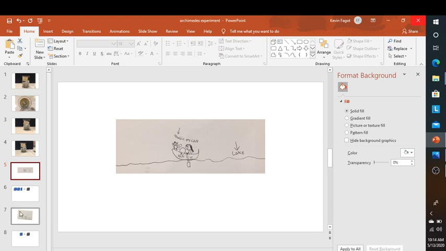Okay. And so if you guys are floating, one of the things that's going to be the same in our experiment would be the weight of the boat, the weight of JoJo, and the weight of Maddie. So we're really just going to focus on the rock. A rock is more dense than water.